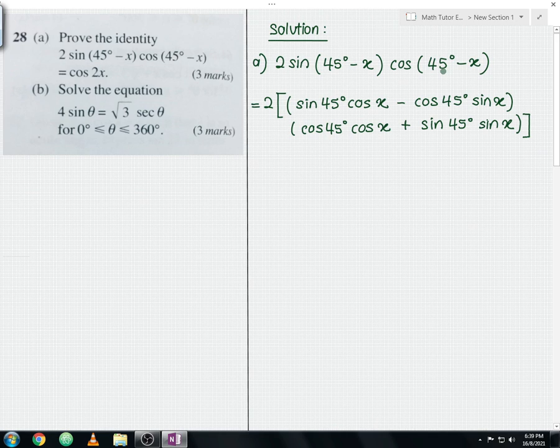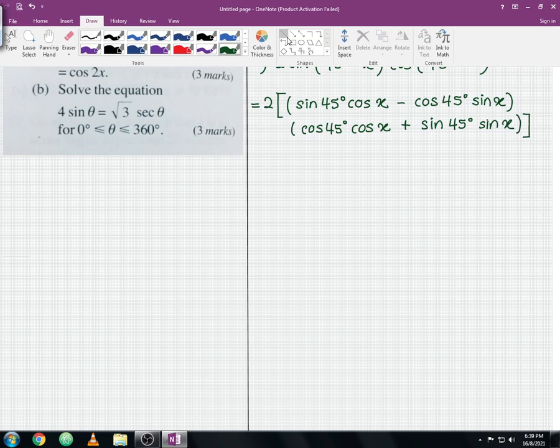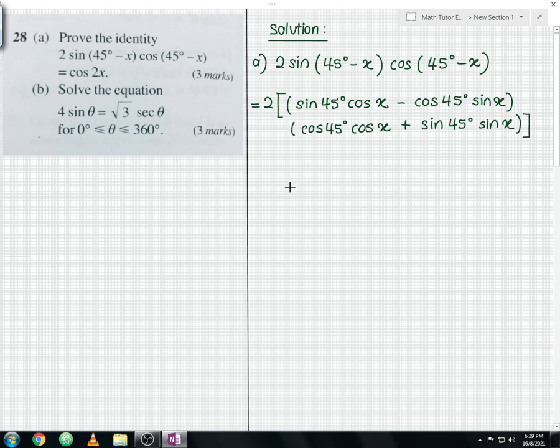From here, if you take a look at the expansion, you can see there are angles: sin 45°, cos 45°, and cos 45° and sin 45°. So these values we can express in numerical form. If you recall this triangle concept, let me draw a triangle, guys, so please wait.